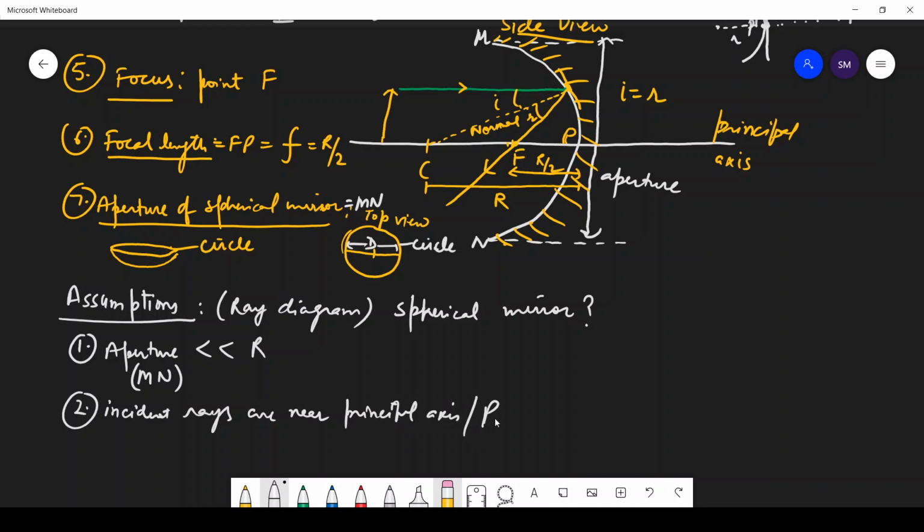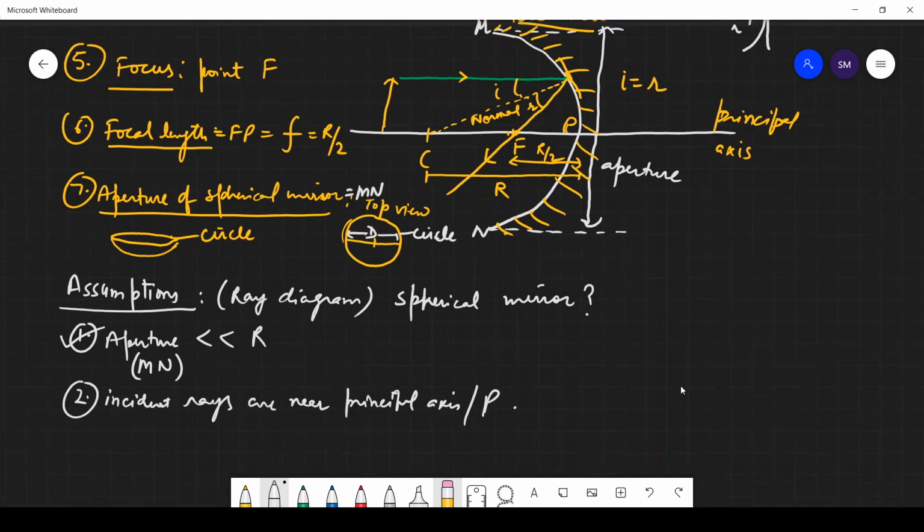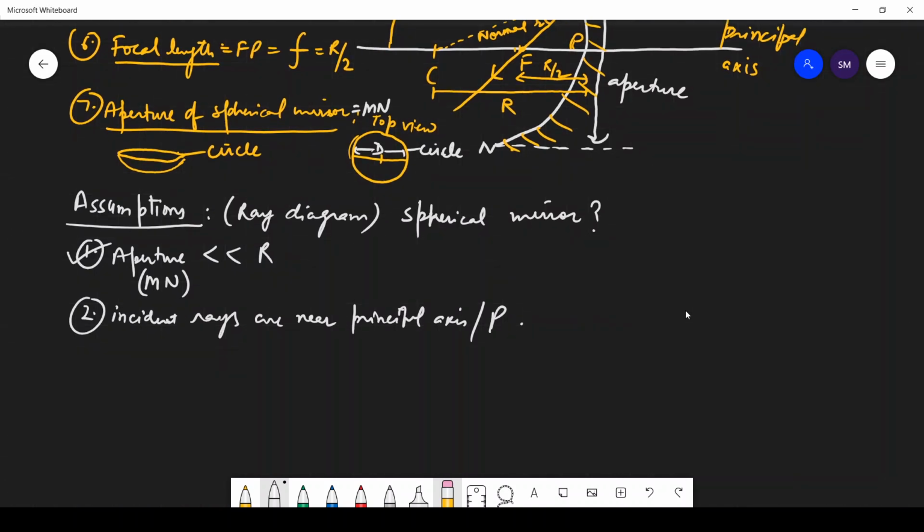So these are the two assumptions that we need to keep in mind while drawing ray diagrams. This is written in your book, and you will find it in later classes, like class 12, as well. But yes, we take both these assumptions.